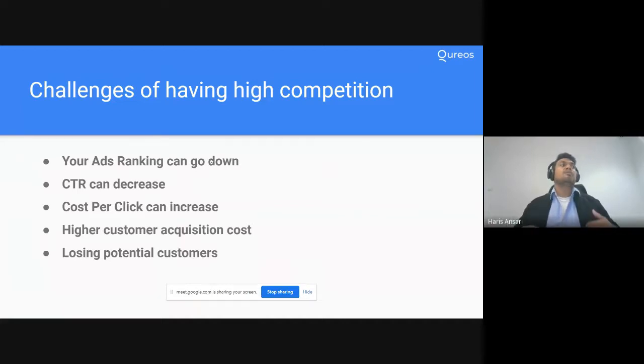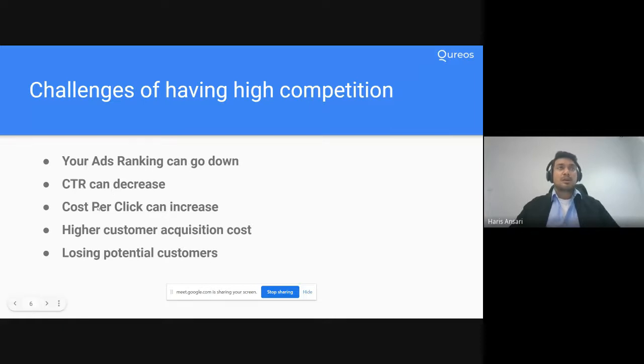And think of it from your perspective when you're searching for any keyword on Google. We always go for the first, second, third option. We don't go for the fourth option. The chances of us going to the fourth or fifth option are way lesser than going for the first option. So if we are not ranking well on the search terms, our CTR is going to decrease as well. Our clicks are going to decrease as well.